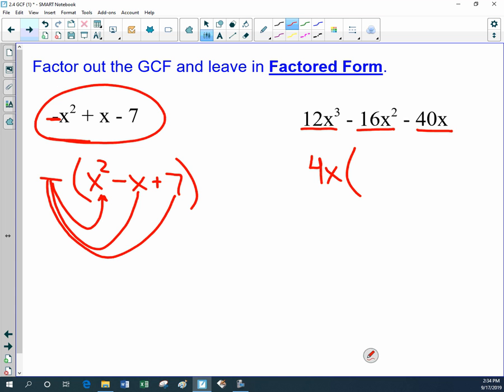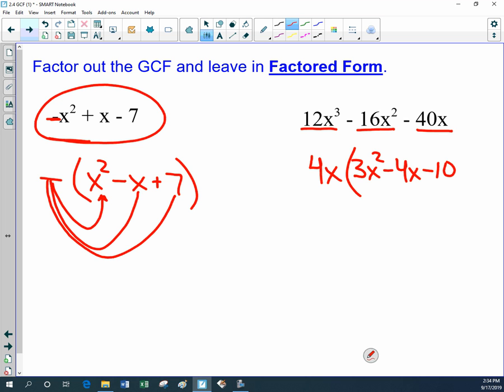So if I factor 4x out of 12x to the third, 4 times 3 is 12. And then x times x squared would give us x to the third. 4 times negative 4 is 16. And then x times x would give us x squared. 4 times negative 10 is negative 40.